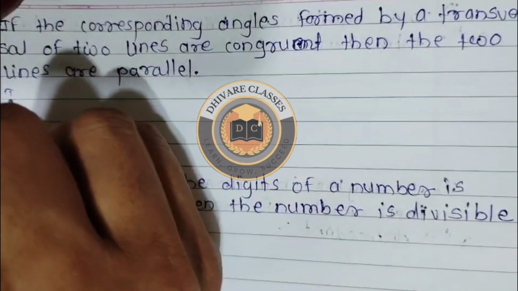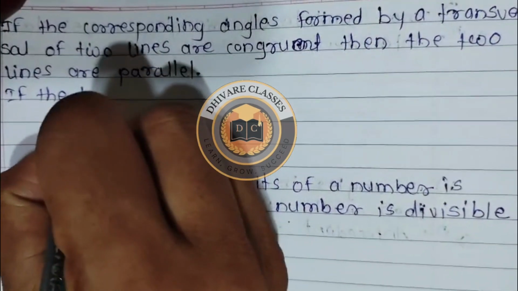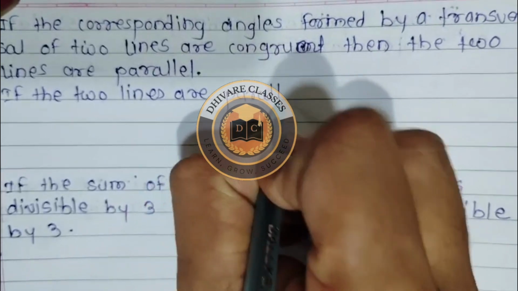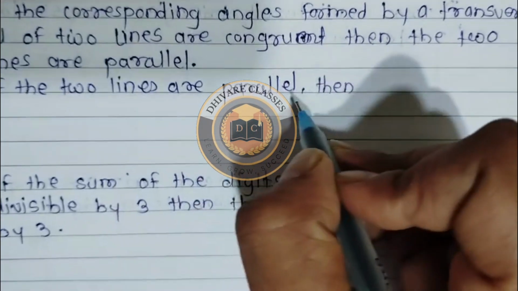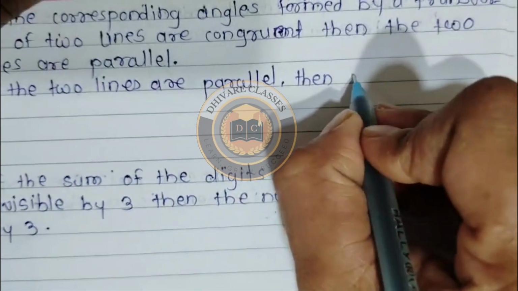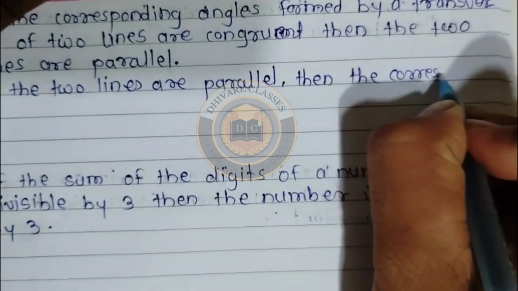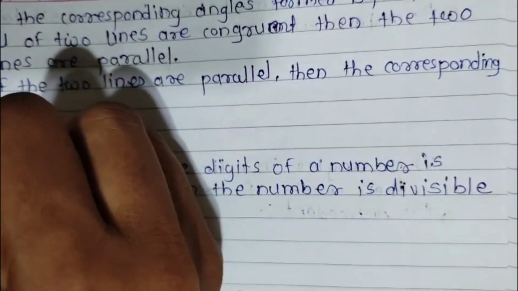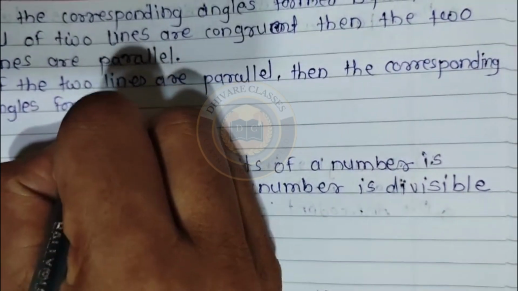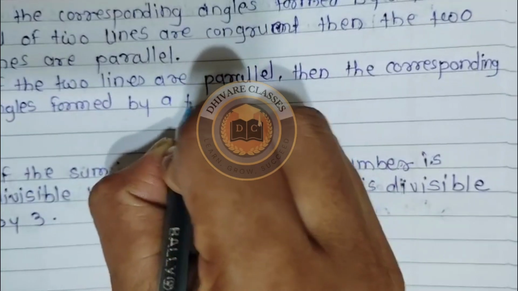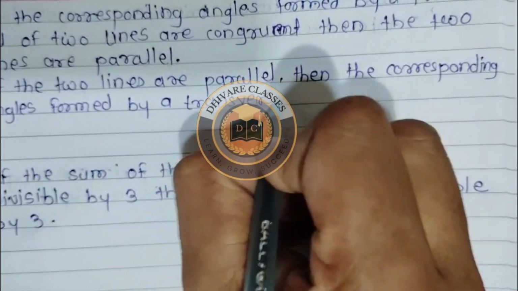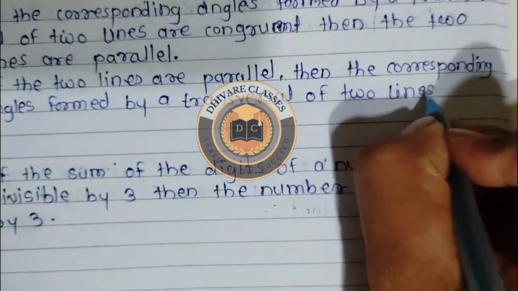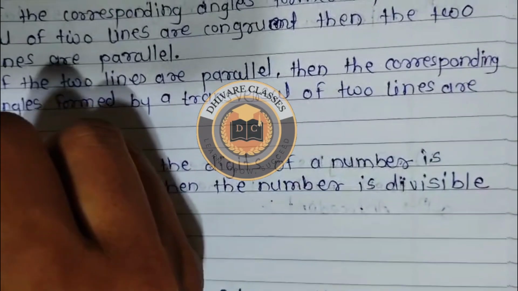The converse: if the two lines are parallel, then the corresponding angles formed by a transversal of two lines are congruent.